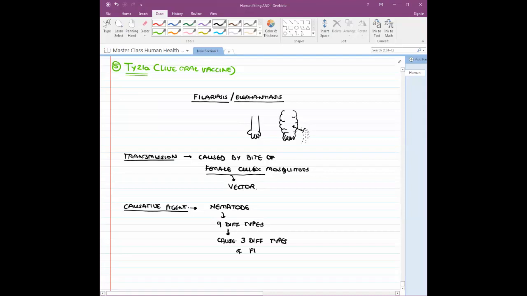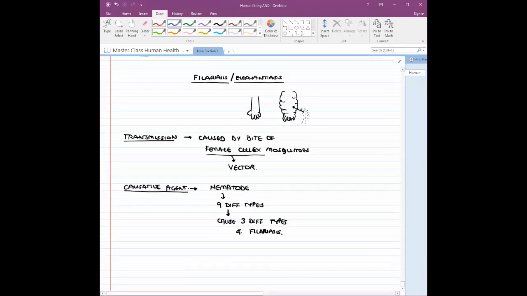Keep this in mind. Chalo. Now, guys, let's try to see what these 3 different types of filariasis are.